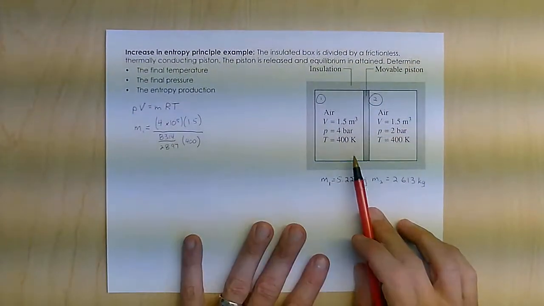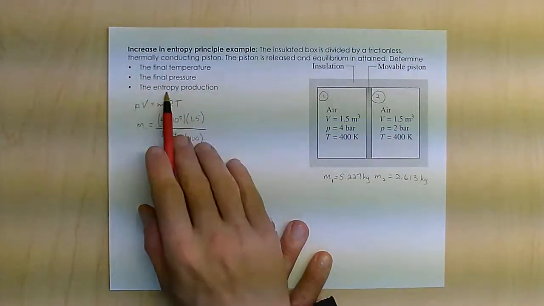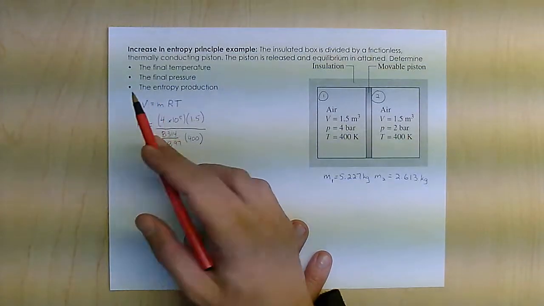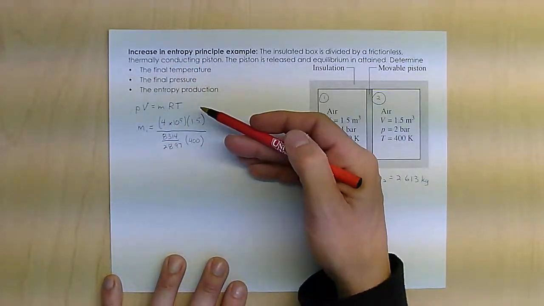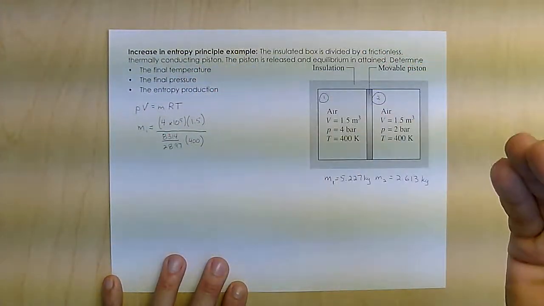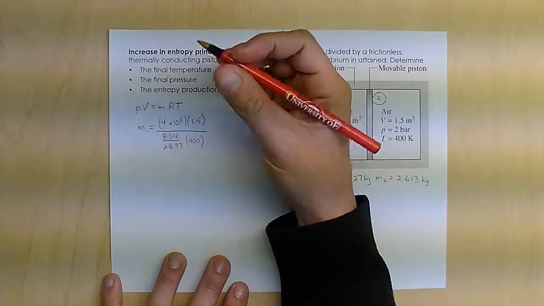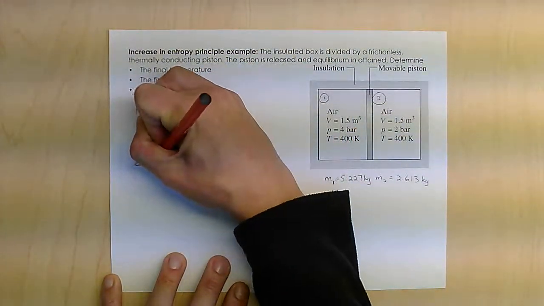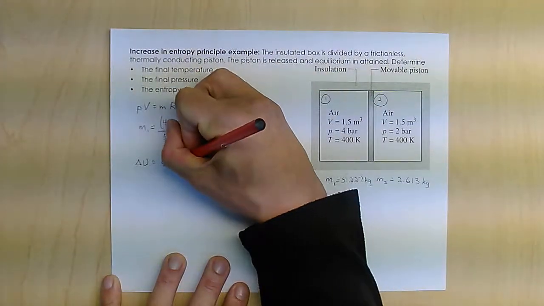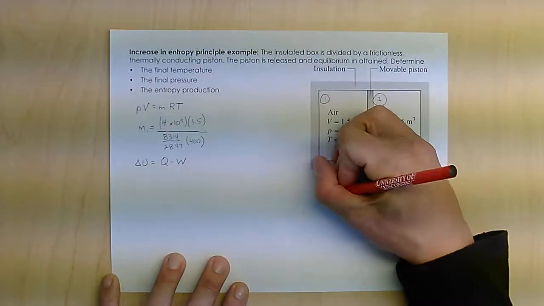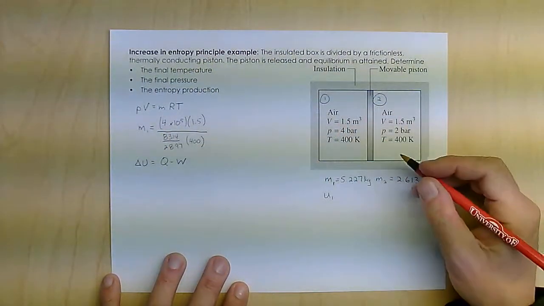Now, in order to find the temperature and entropy production, I'm ultimately going to use the first law equation, which is delta U equals Q minus W. I'll get into that in a second. Let me look up U1.